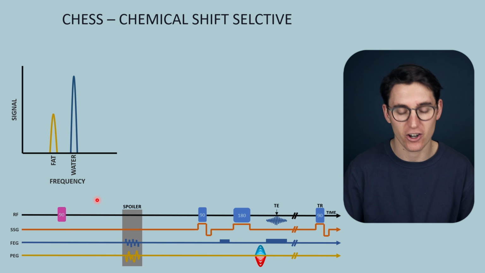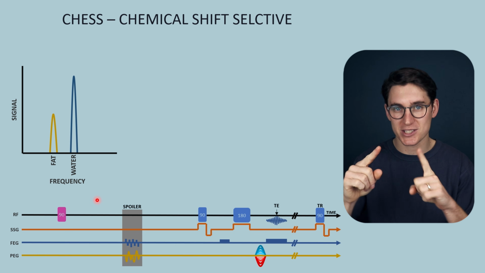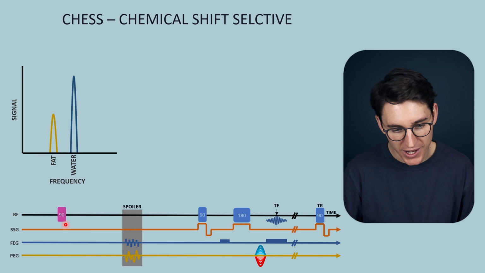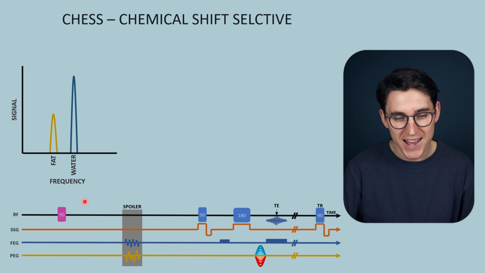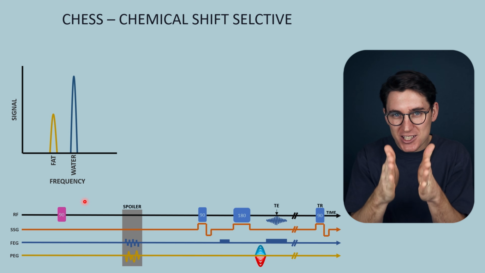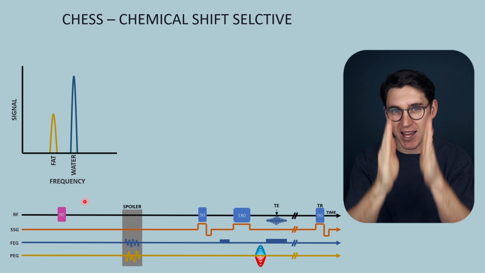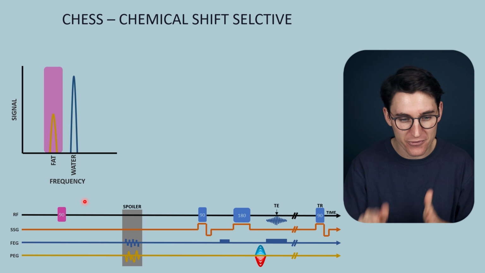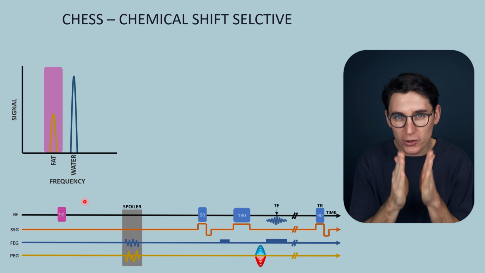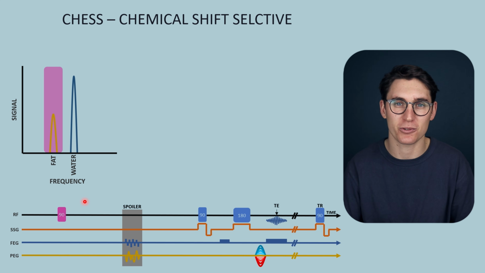When we apply an RF pulse, that RF pulse needs to match the precessional frequency in order for resonance to occur. What then would happen if we applied an RF pulse that was very narrow in bandwidth? It only selected a very small bandwidth, a specific precessional frequency, and we made sure that that precessional frequency matched fat and fat alone. That RF pulse was so accurate that it only matched the precessional frequency of fat, and it didn't match the precessional frequency of water.